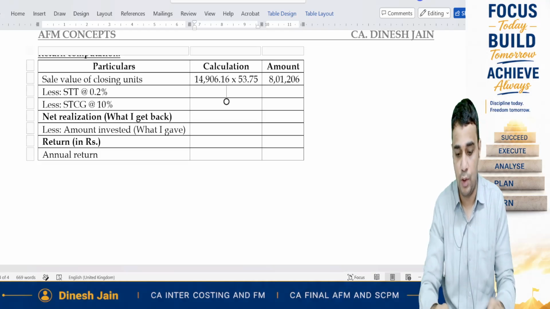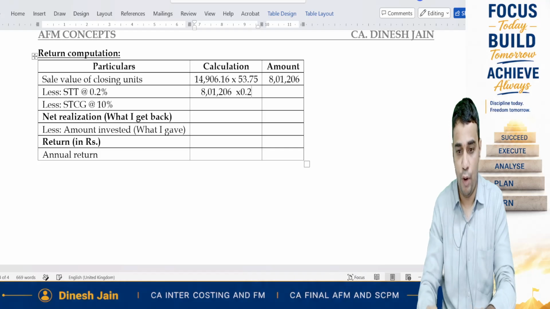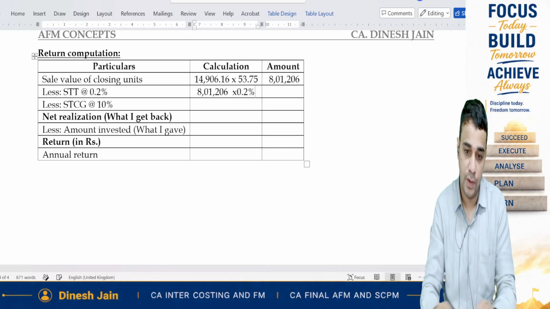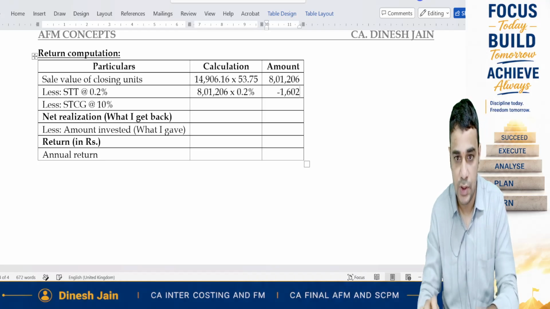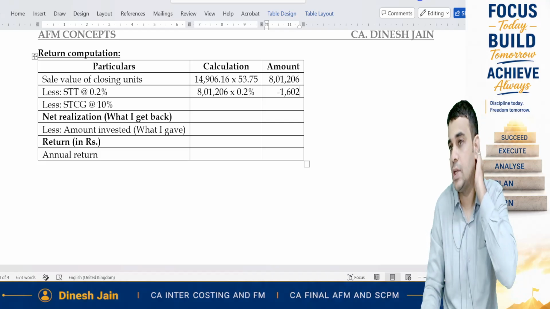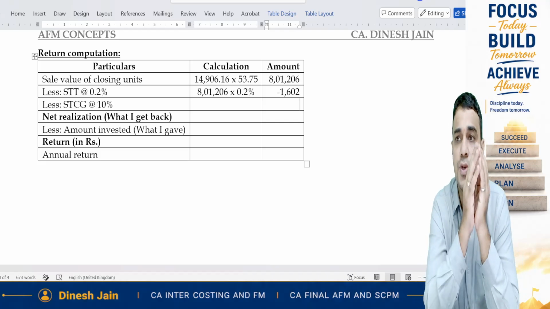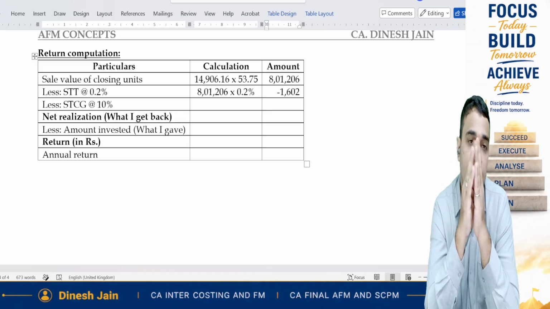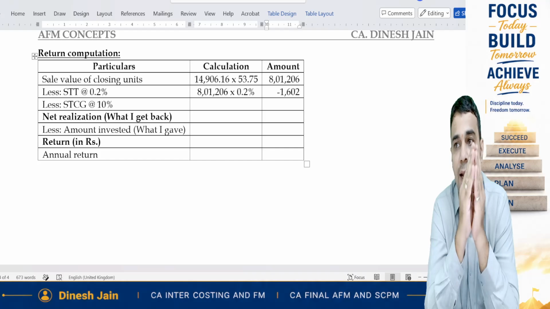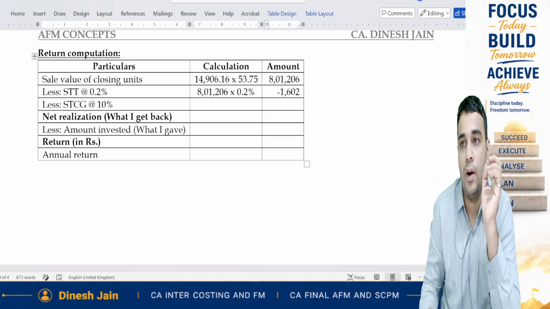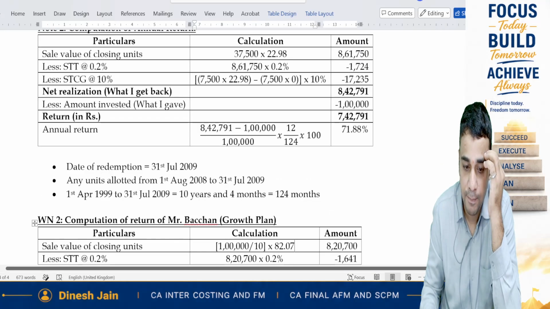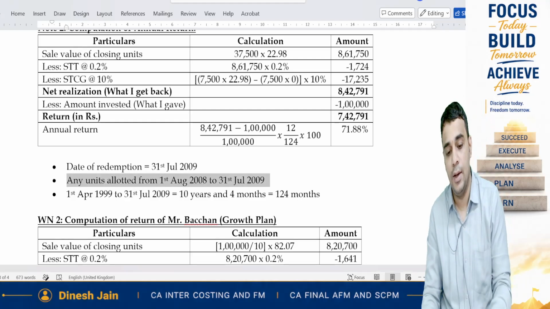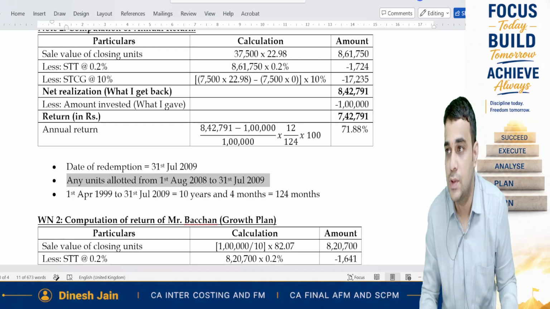STT is on 801,206 at 0.2%, which is 1602. Now coming to short term capital gain: any units allotted in the last 1 year, that is, we had decided this is the time, 1st August 2008 to 31st July 2009.